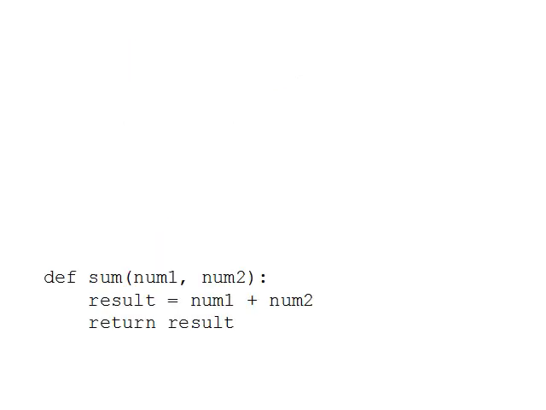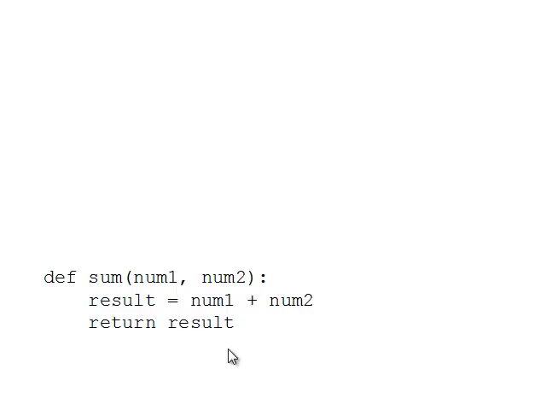Now you can easily write your own functions in Python that return values, and the main difference between a regular simple function that does not return a value and a value returning function is that the value returning function has a return statement. Here on the screen we have an example of a value returning function.